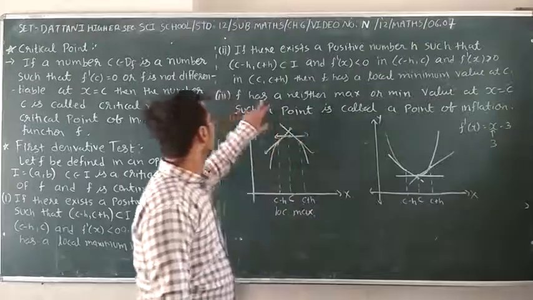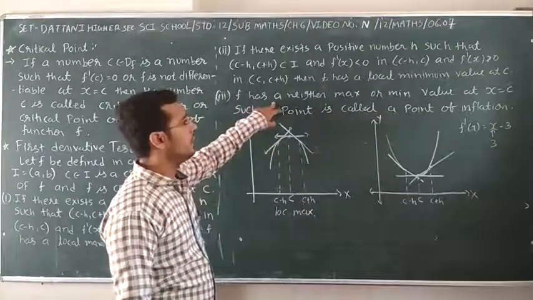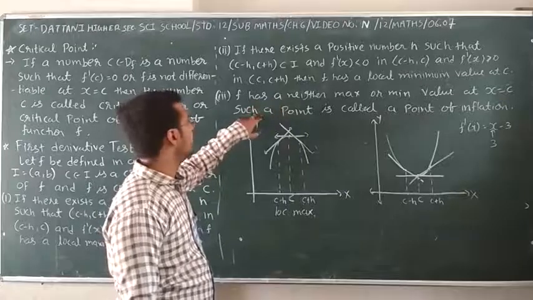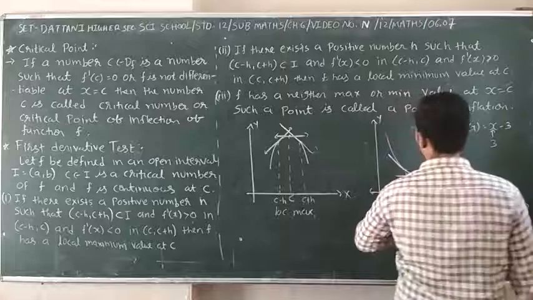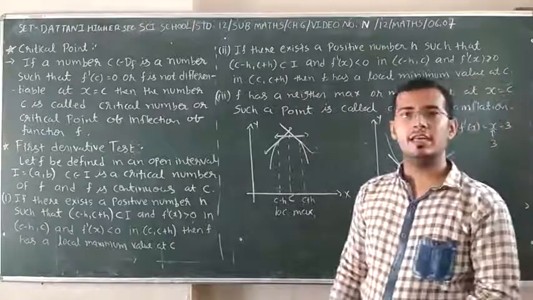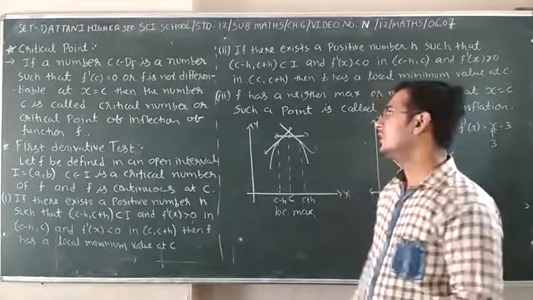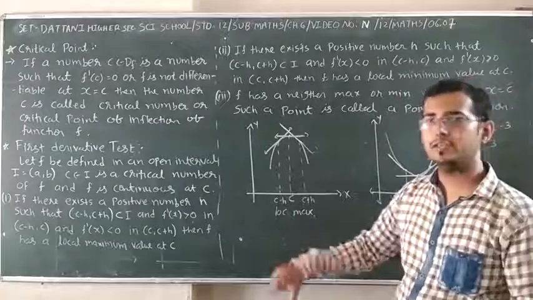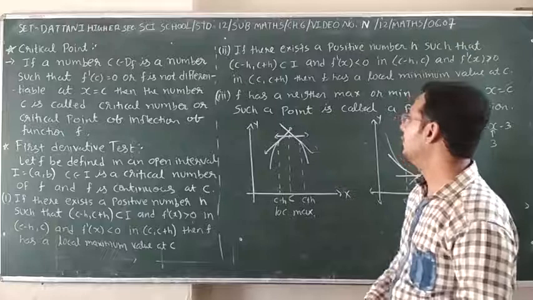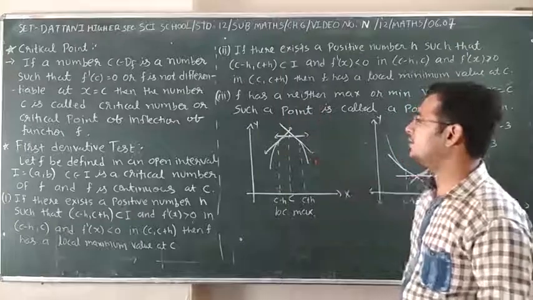Okay, next, f has neither a maximum nor a minimum value at x equal to c. Such a point is called a point of inflection. If you cannot decide that there is a maximum or minimum value, then it is known as a point of inflection. We already learned this definition earlier. Okay, so write it down, that is the first derivative test.